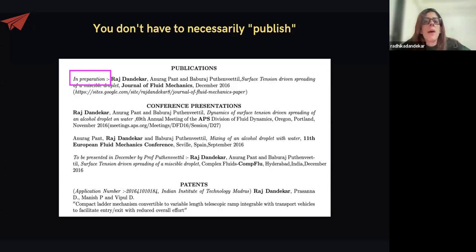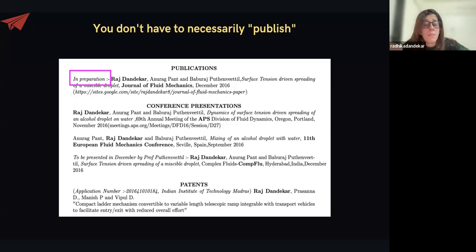Considering that you'll be applying for fall of 2026, the deadlines for that will be in December of this year, and it's completely fine if your paper is still under review or still in preparation.